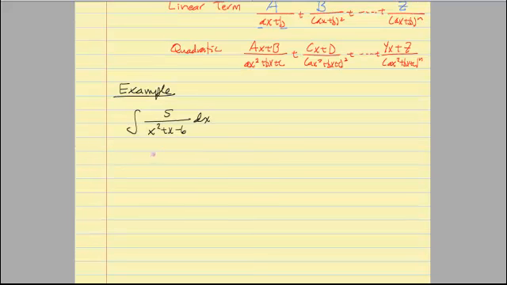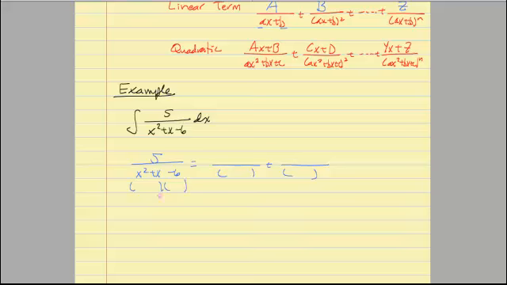Okay, so I'm going to drop the integral for now, and we're just going to work on some algebra. This expression of 5 divided by x squared plus x minus 6, I'm going to look at in its decomposition form, and think about how this would factor. Remember, x squared plus x minus 6 is a product of binomials, x and x, and I think this would go with plus 3 and minus 2.